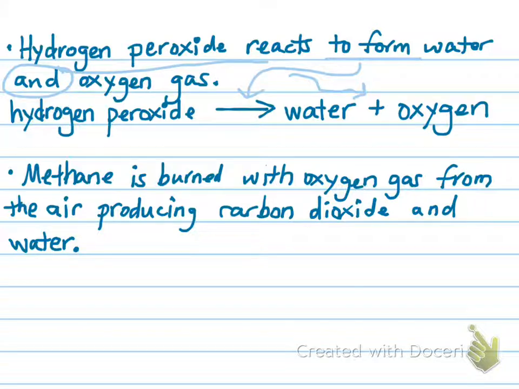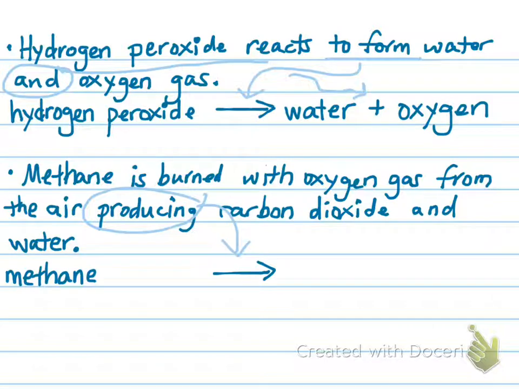So again, I want to make my word equation. I'm going to have my arrow, and producing is what became my arrow this time. Methane is burned with oxygen gas from the air. So that's my reactant side. One of my reactants is methane. Is burned with oxygen gas, so that means I need a plus sign.